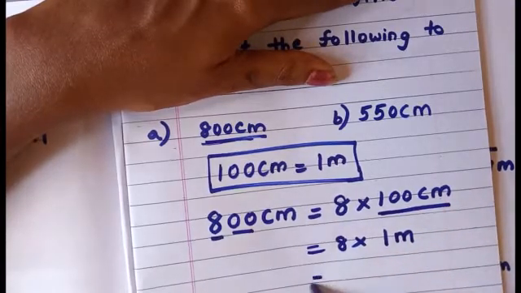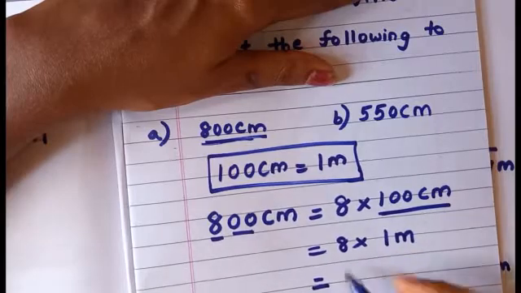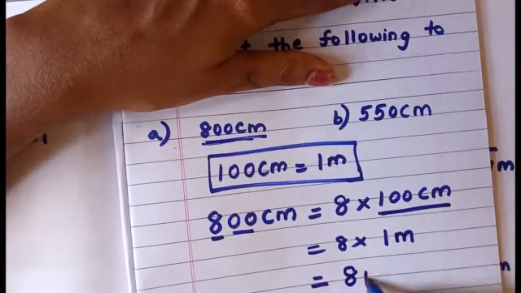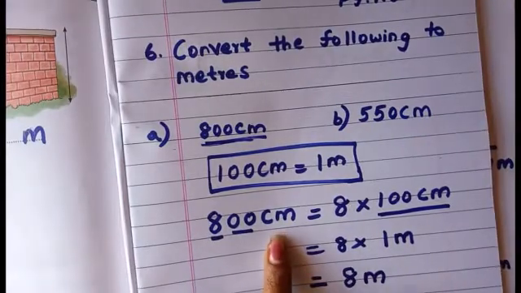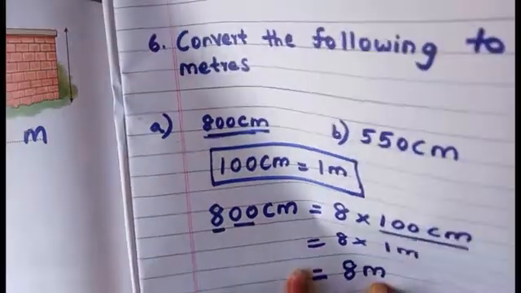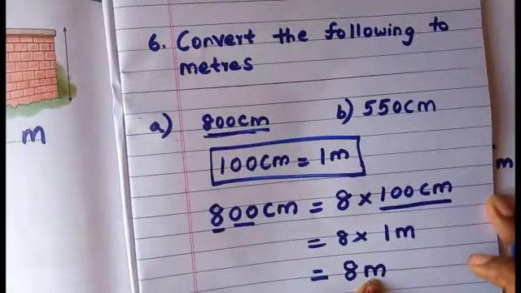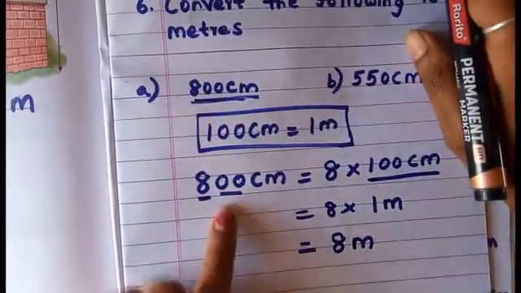Then you know the tables: 8 ones are 8, so you write 8 meters. Centimeters is given, and you identify the meters. Once again, listen carefully.